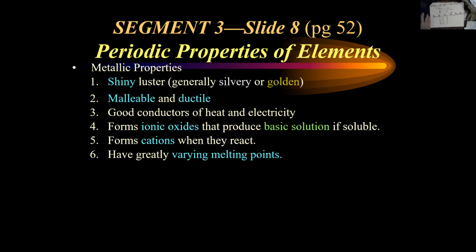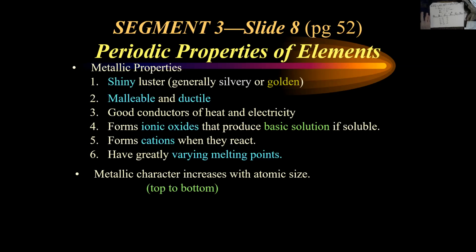And so the filament of the light bulb stays as a solid, even though you heat it to several thousand degrees. So some metals have 3,000 or 4,000 degree melting points, and others, like mercury, melt even below room temperature.